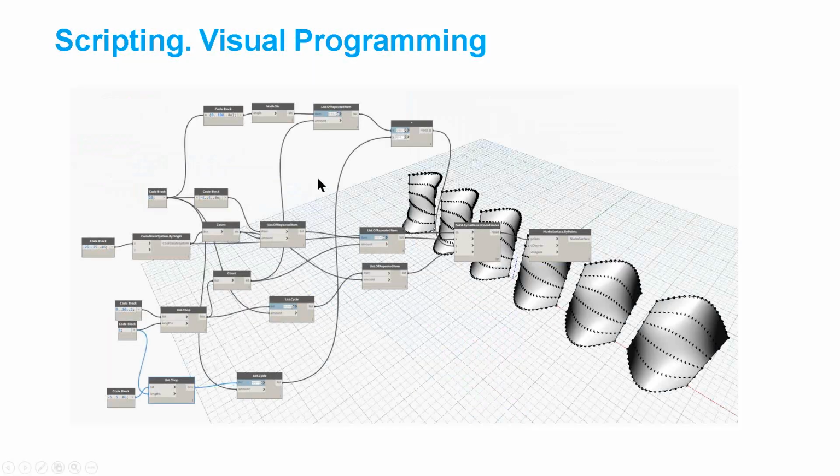Instead of placing text, some very complex syntaxes, just forget about this experience that you need to have with traditional scripting. What Dynamo gives you are these little gray blocks here, they are called nodes.